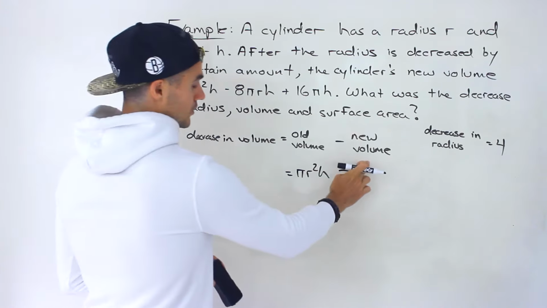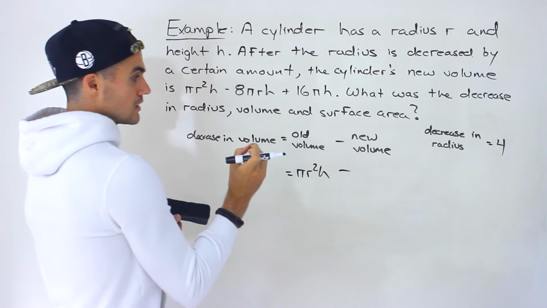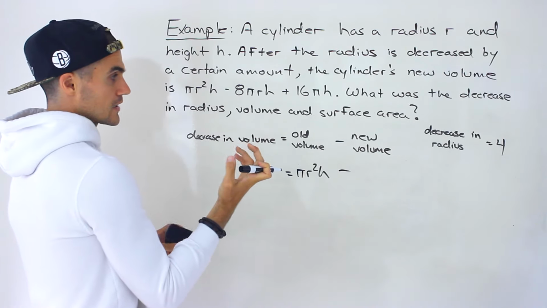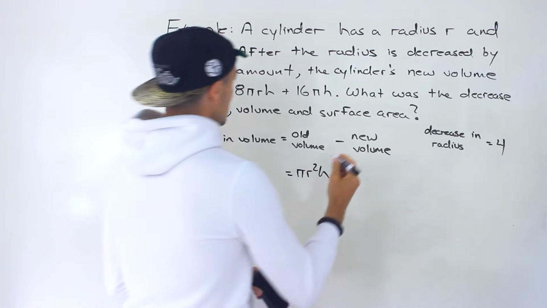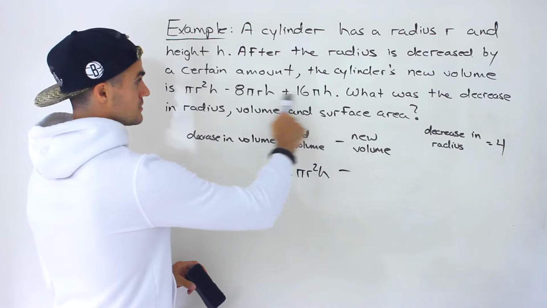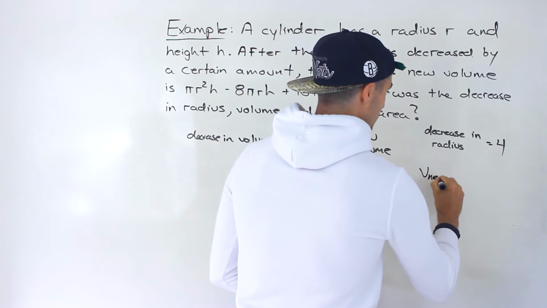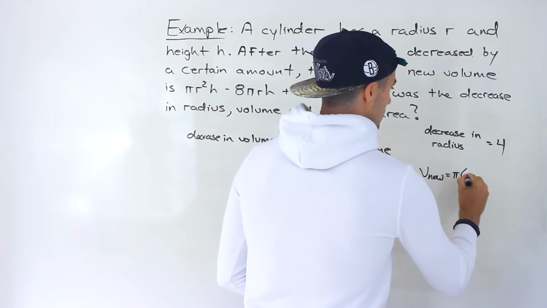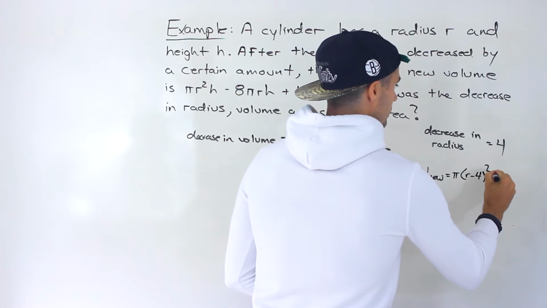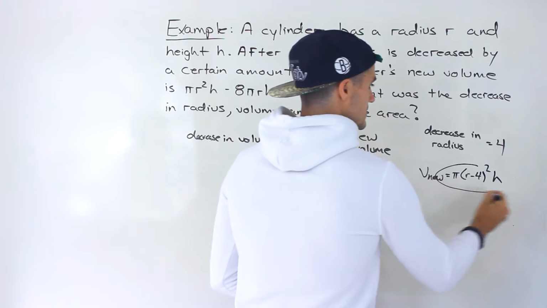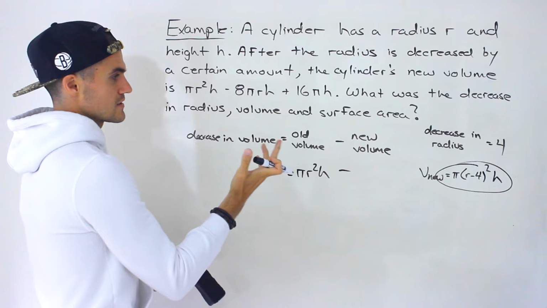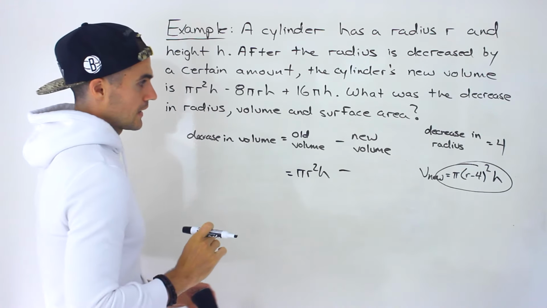Now this new volume, there's actually two choices that we could use, because we're given this expression over here, but we're also given, remember we factored this, right? This and this are the same thing. If you expand that, you would end up with this.